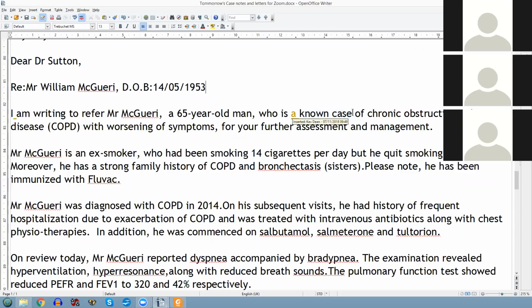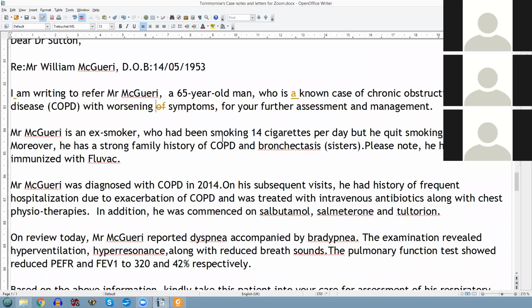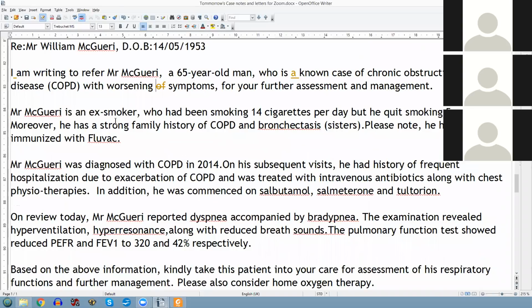So we need an article there. "There's no case with worsening of symptoms", "with worsening symptoms". Don't need your preposition. "Your further assessment." "Management is an ex-smoker." Well, we know that, so why did you say it twice? Okay, "who had been smoking but quit smoking 5 years ago."